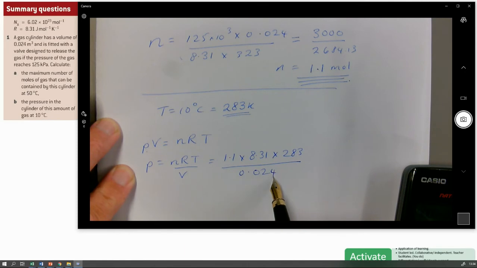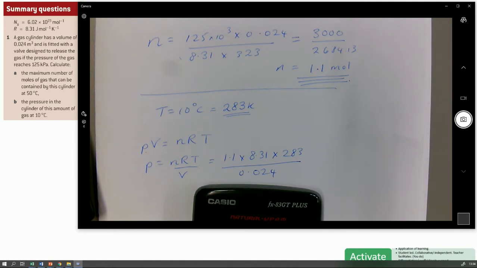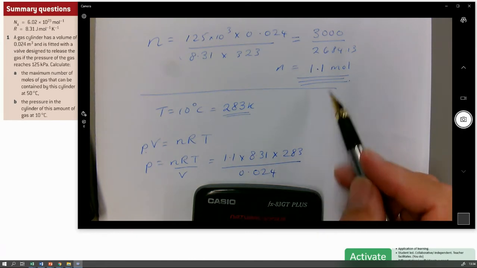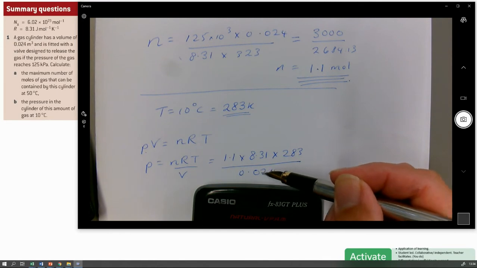This time, 1.1 times 8.31 times 283 equals. I'm not going to bother writing this out again like I did before because I've only got one divisor on the bottom. There's not a multiple.